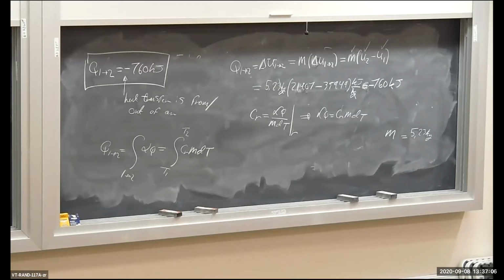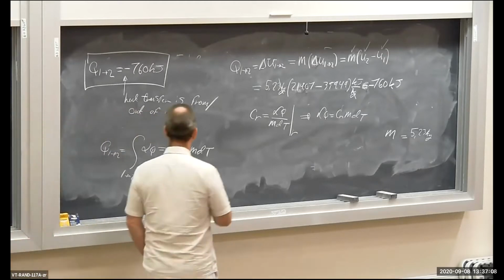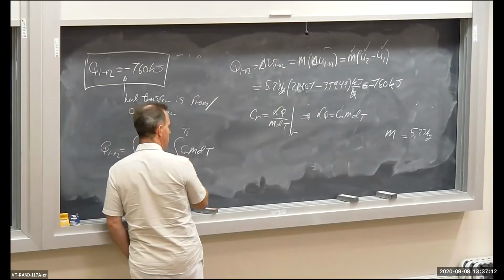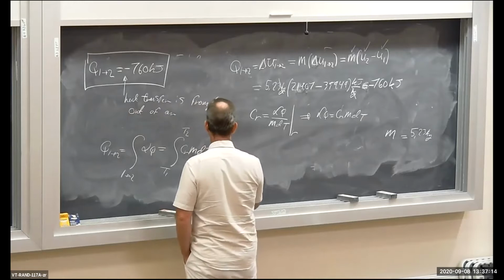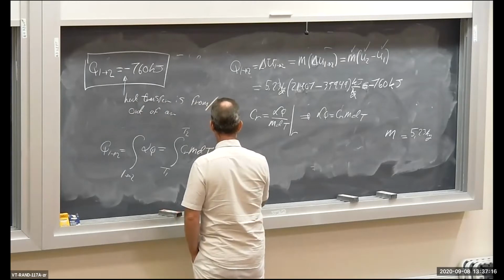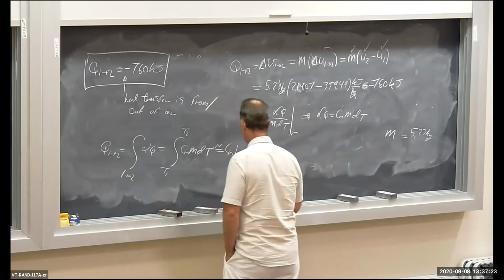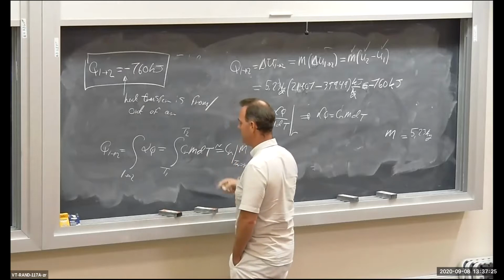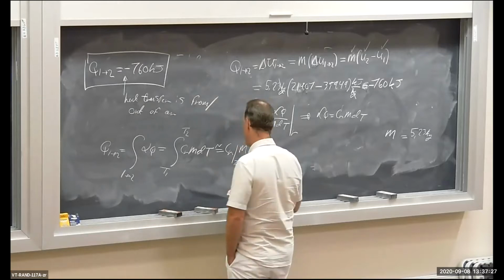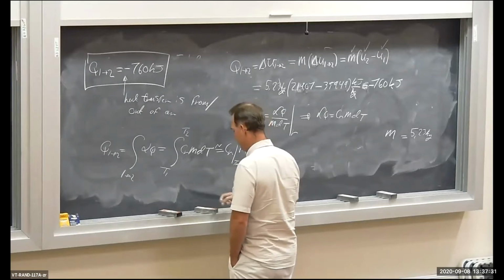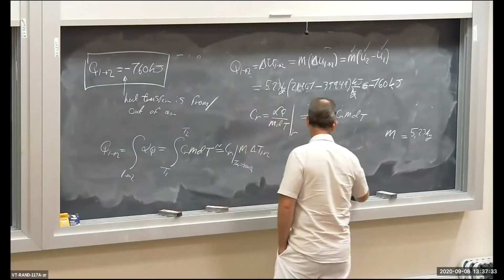I'm going to let this be the average specific heat, and then I can pull the mass and the specific heat out of the integral. Approximately equal to Cv at T average, which is 400 degrees Kelvin, times the mass of my system times the integral of dT, which is delta T, T1 to 2.